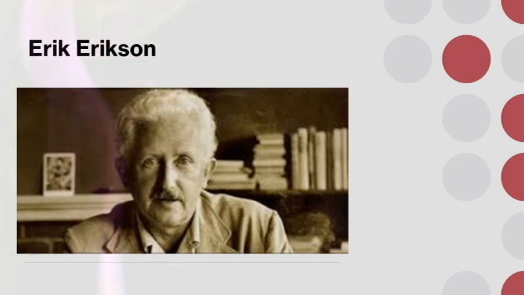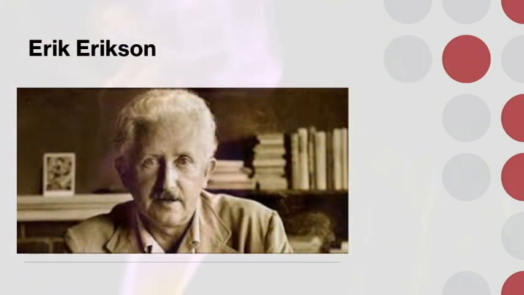Now, in the 1950s, Erikson published his seminal work, Childhood and Society. In this, he introduced his theory of psychosocial development. Unlike Freud's emphasis on psychosexual stages, Erikson proposed 8 stages of development, each characterized by unique psychosocial crises or challenges.